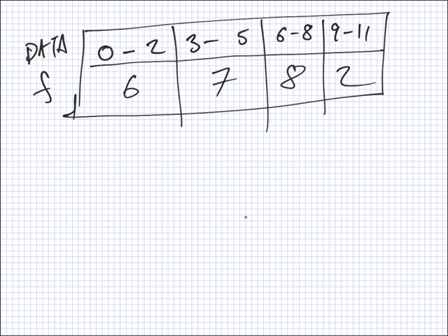For example, if I had the number 1.5, which box does that go into? The first box, clearly. 2, well, the first box, I would think. Now what about 2.1? Which box does that go into? The first box.